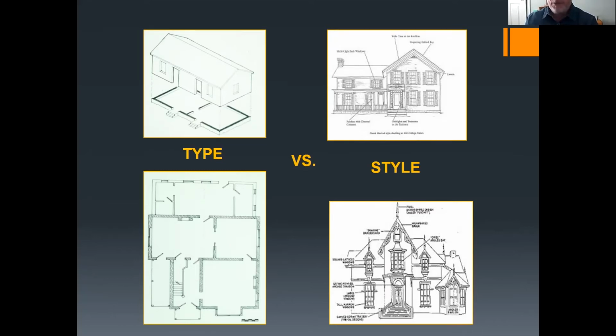Today I'm going to be talking mostly about types, but you'll see various different stylistic architectural adornments on these properties. You could have the same floor plan of a house, but it could have half a dozen different styles attributed to it. So it's really kind of hard to talk about style as a way to categorize architecture. Unfortunately, that's still how the National Register nomination forms are based, on the style. That's the terms they use.